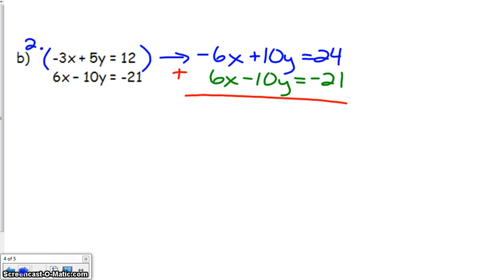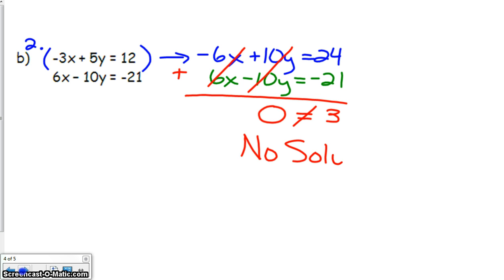When I add vertically, notice my x's are going to cancel, but my y's are also going to cancel out. That means I'm left with 0 or nothing on the left-hand side of my equal sign. On the right-hand side, I can still add vertically and get 3. 0 does not equal 3, meaning I have no solution.